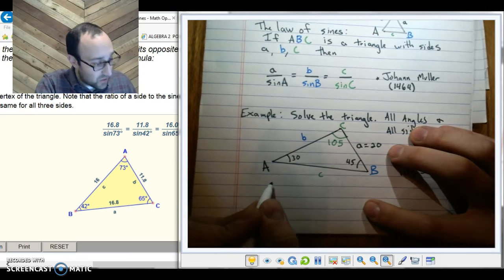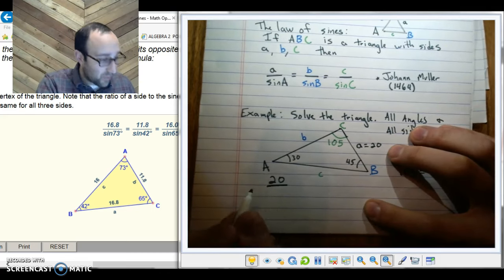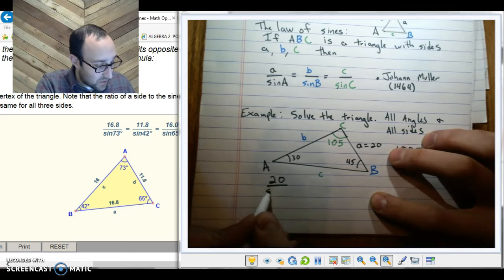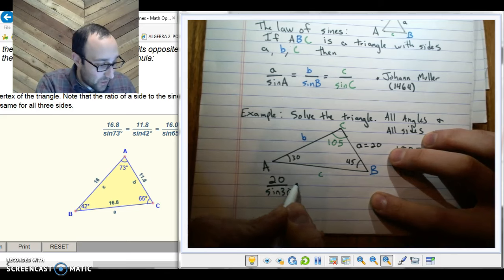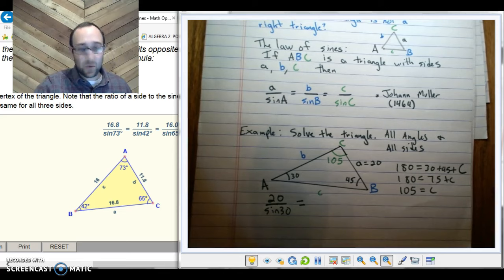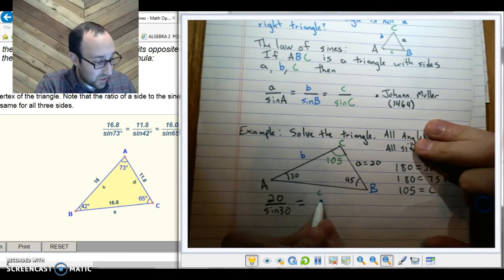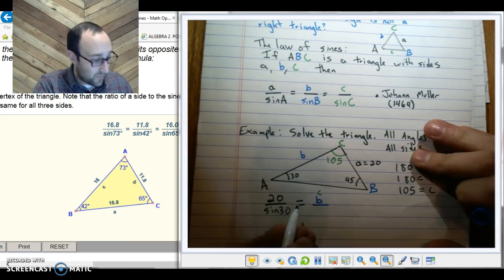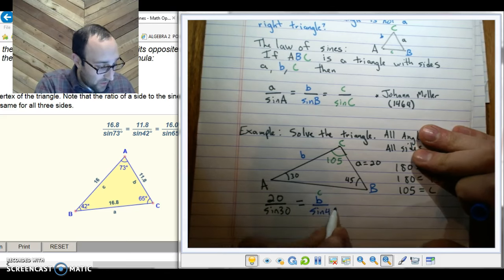So what I'm going to do is 20 over sine of my angle, which is 30. So I'm going to say sine 30 equals. Now let's use B. I don't know the length of B, so I'm just going to keep it as B over sine of 45.